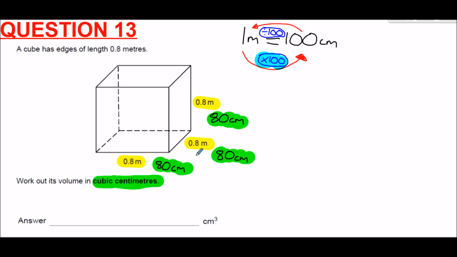Now we've changed into centimeters, we can just process the volume. The volume of a cube, or cuboid, is just the length multiplied by the width multiplied by the height. So it's length times width times height.